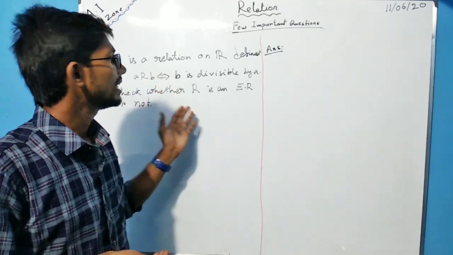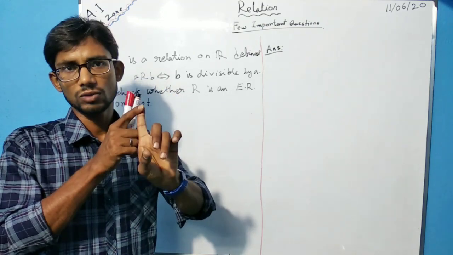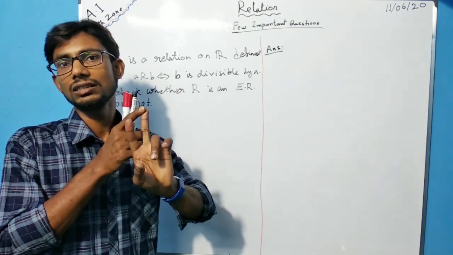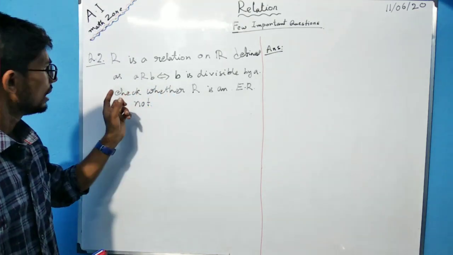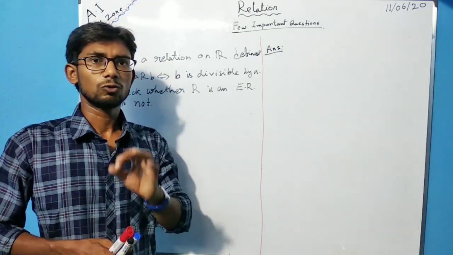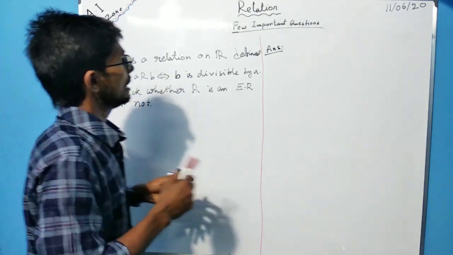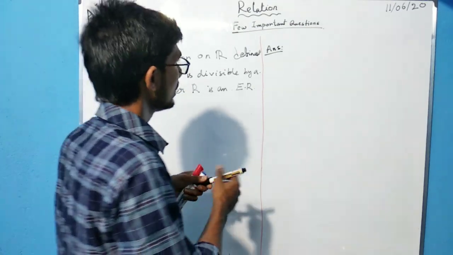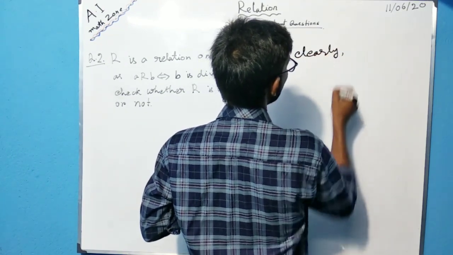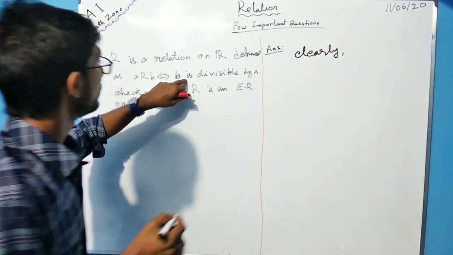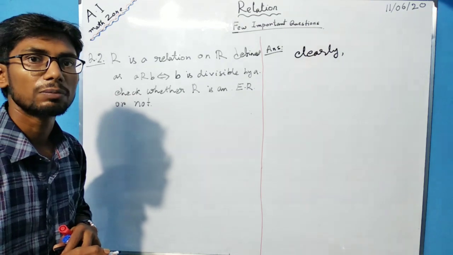Now you know very well that a relation R is said to be an equivalence relation if it is first one reflexive, second one symmetric, third one transitive, right? So अगर ये तीनों कंडीशन के अंदर कोई भी एक वायलेट करता है तो वो इक्विवेलेंस रिलेशन नहीं होता है. Let's take an example. Clearly see here, b is divisible by a. सेकेंड एलिमेंट को फर्स्ट एलिमेंट से डिविजिबल होना पड़ता है, राइट?